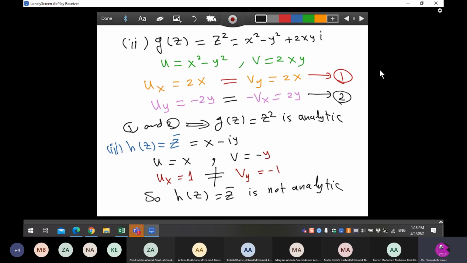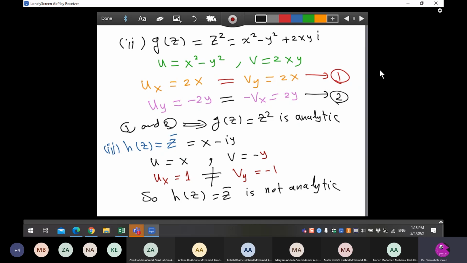Now let's link this one to our derivative if we don't have an explicit function of z. We have an explicit function of u and v, right? As two imaginary and real parts. We know the link between the derivative and Cauchy-Riemann.